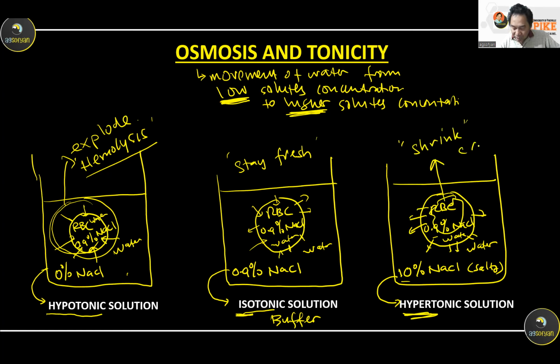This process is called crenation. So if we put the cell in a hypertonic solution, it will shrink. In a hypotonic solution, the cell will become bigger and eventually explode, hemolysis. In an isotonic solution, nothing happens to the cell; it stays fresh.